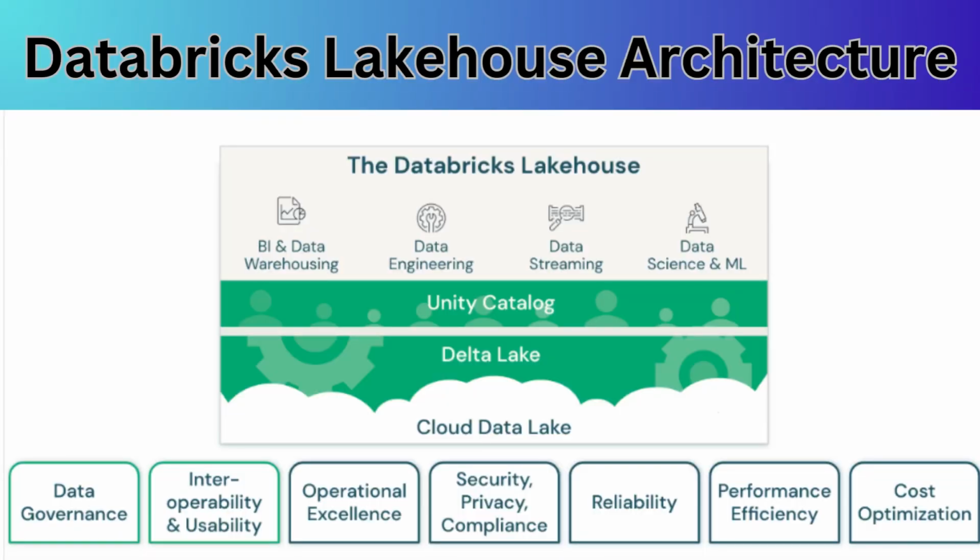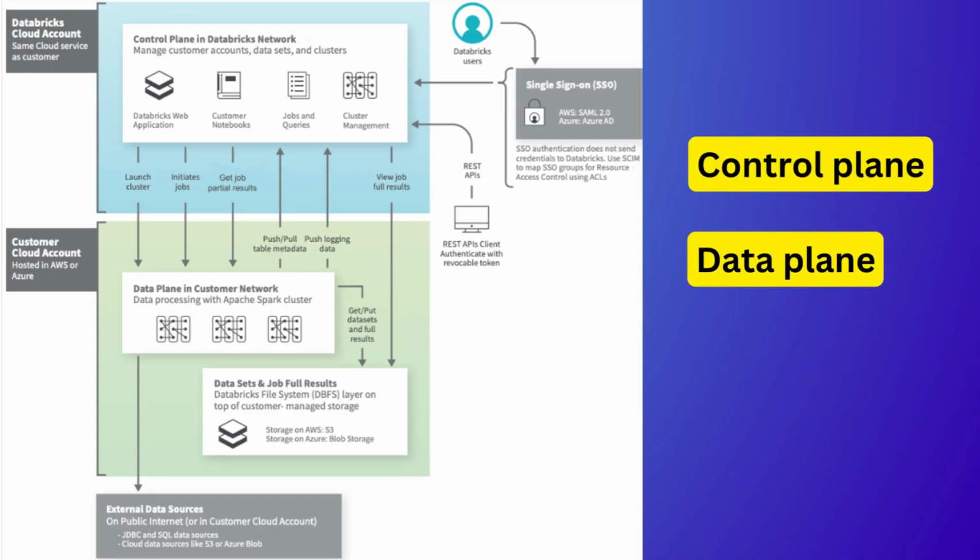The benefits of this are data governance, interoperability, operational excellence, security, privacy, compliance, reliability, performance efficiency, as well as cost optimization. Make sure you are aware of all these terminologies so that you know the benefits of the Lakehouse platform.